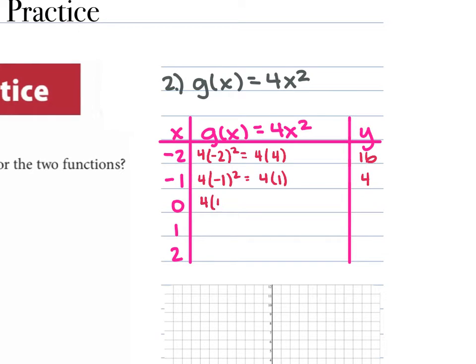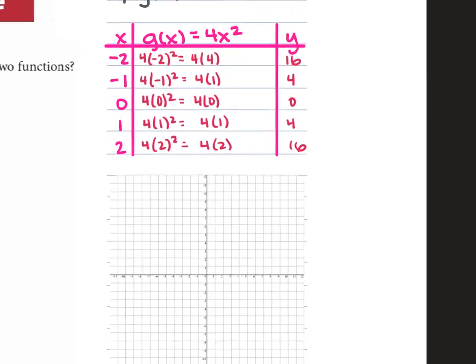Then we have 4 times 0 squared, which is 4 times 0, which is 0. And then 4 times 1 squared is 4 times 1 again, which is 4. And then 4 times 2 squared is 4 times 4, which is also 16.